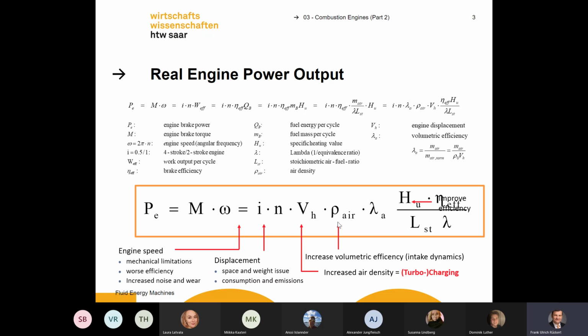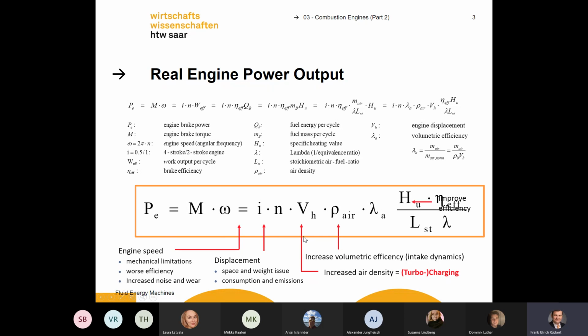Normally, the density of the air is about 1.22 kilograms per cubic meter. But how can the density of the air be changed if you drive a car or airplane? You can use a turbocharger. If you turbocharge your engine, you get higher densities, and so you get higher power at the engine.